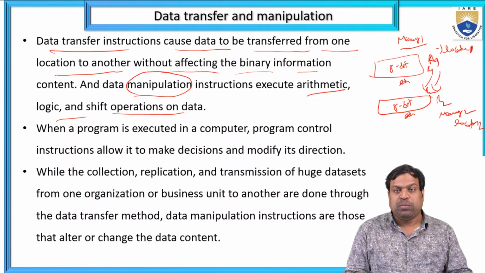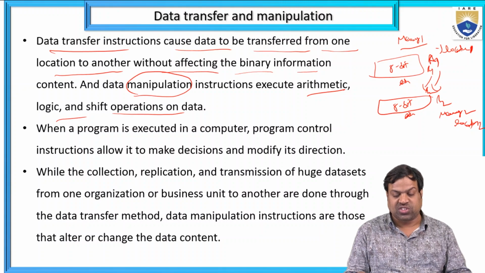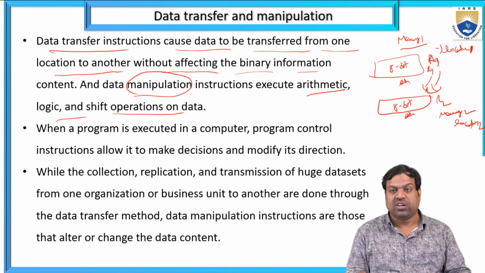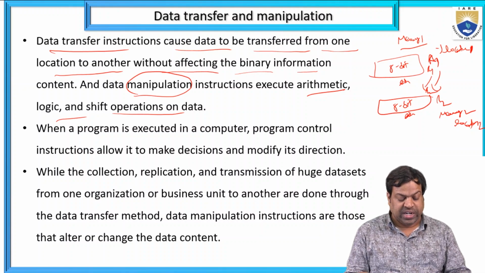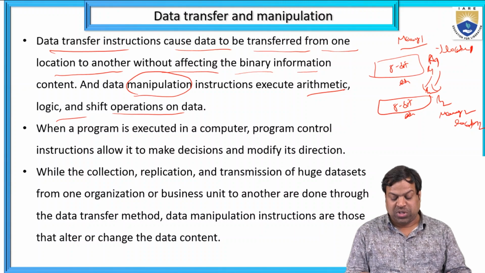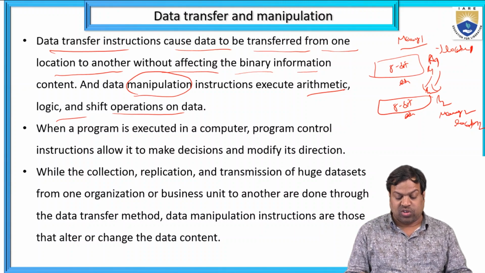So when a program is executed in a computer, the program control instructions allow it to make decisions and modify its direction. While the collection, replication, and transmission of huge data sets from one organization or business unit to another are done through the data transfer method, the data manipulation instructions are those that alter or change the data content.